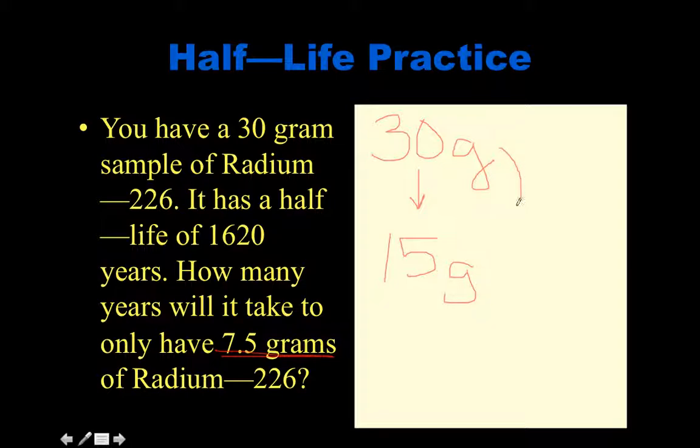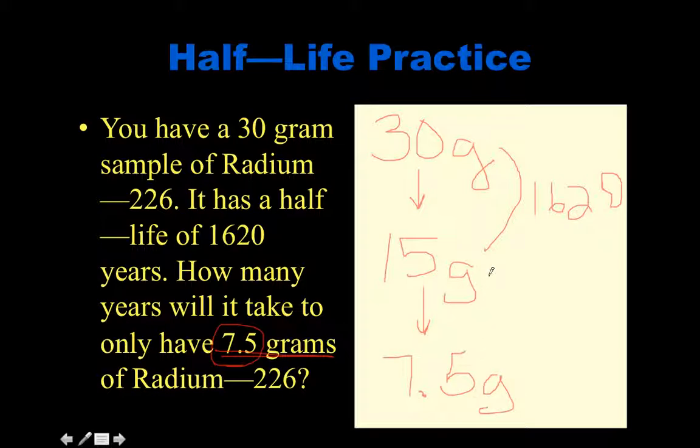So to go from this step to this step is 1,620 years. So to go from 30 grams to 15 grams, it took 1,620 years, okay? Now, keep going because that's not the 7.5 grams that we want. So we want half of 15, and half of 15 is that number we want, 7.5 grams, all right.